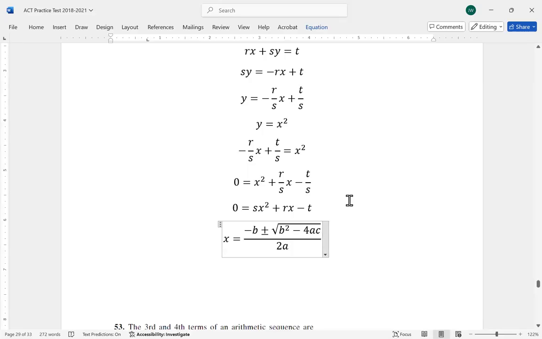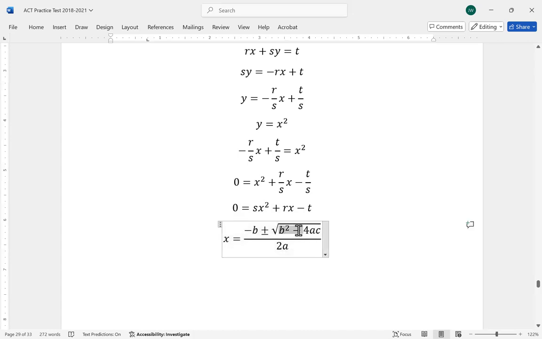The solutions to this quadratic equation will be given to me by the quadratic formula. When do I get two real number solutions in the quadratic formula?